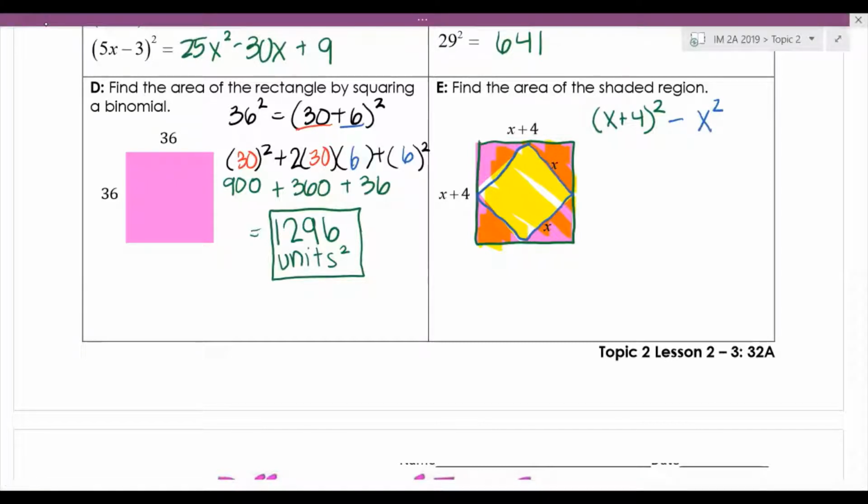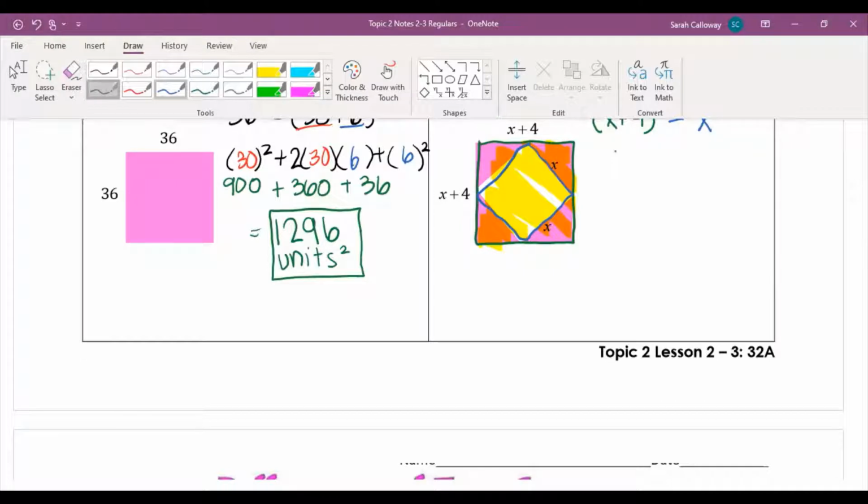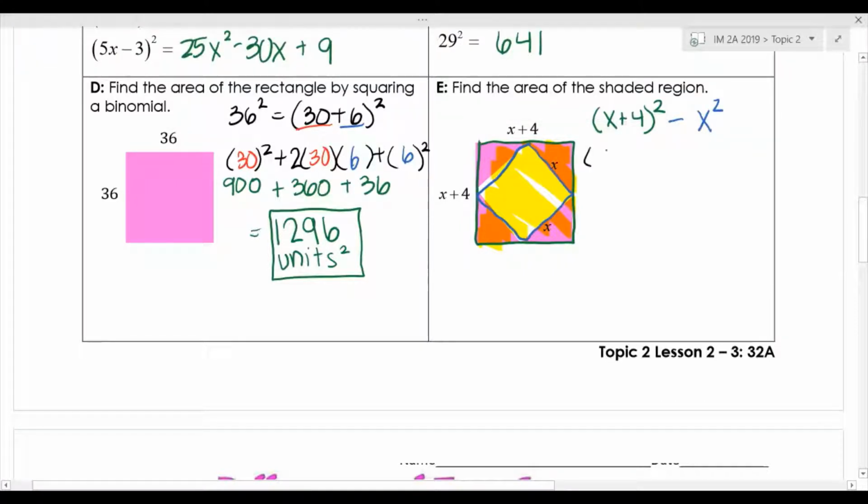So since I have x plus 4 squared, I want to use my pattern to expand that. So I have a squared plus 2 times a times b plus b squared minus the x squared that represents the smaller square.